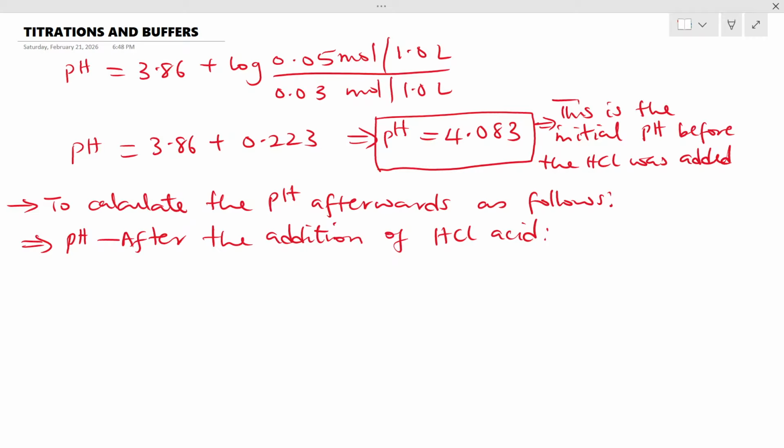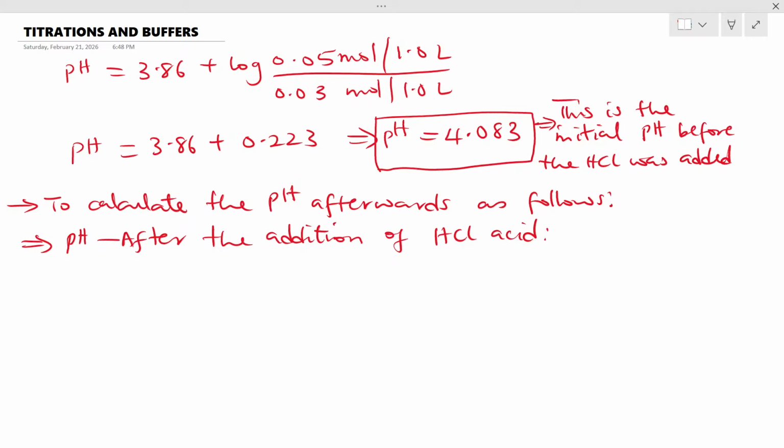Thus, you look at the chemistry to know exactly what is taking place. The H plus is going to react with either the lactic acid or the lactate in order to be used up.